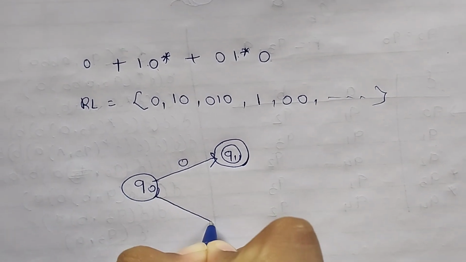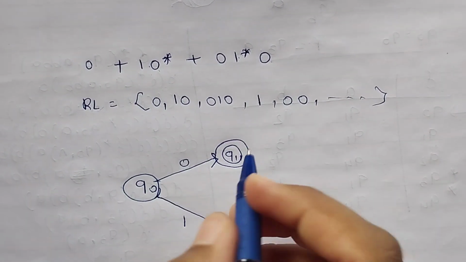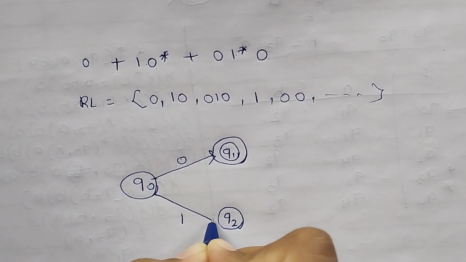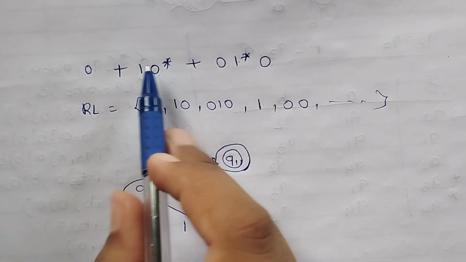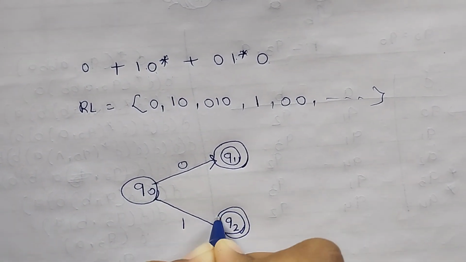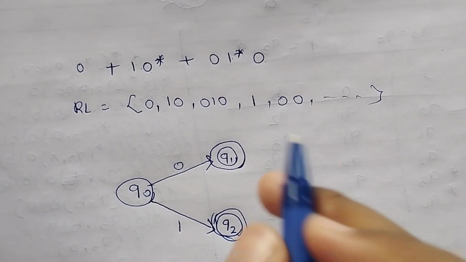So here 1 is compulsory from this statement. So here is the Q2, and again if this 0 is null, then 1 is also acceptance at that time. So for that we write here acceptance for the Q2.